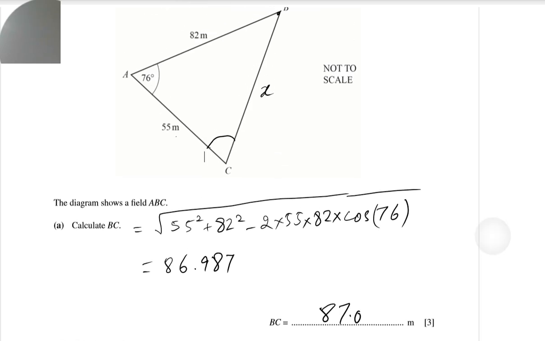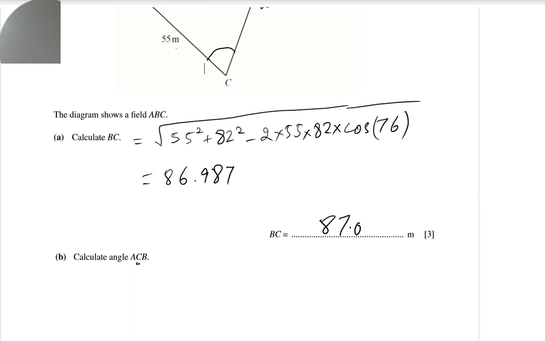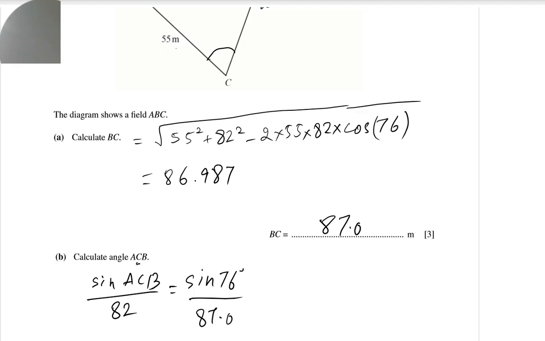So I'll be using angle ACB over 82. Sine of angle ACB over 82 would be equal to sine of 76 degrees over the side we just found, 87.0.